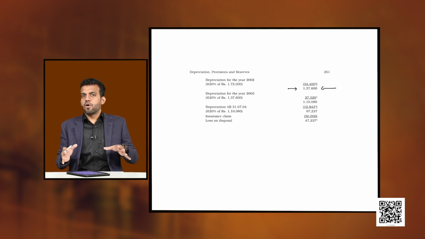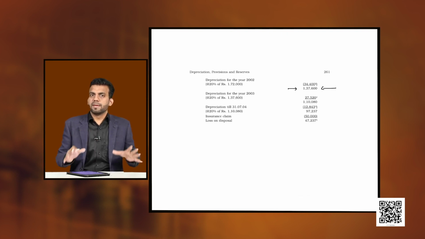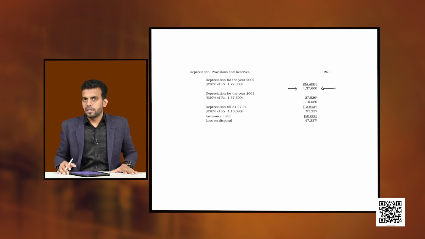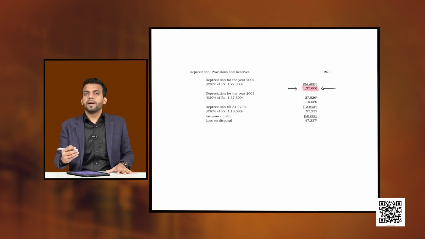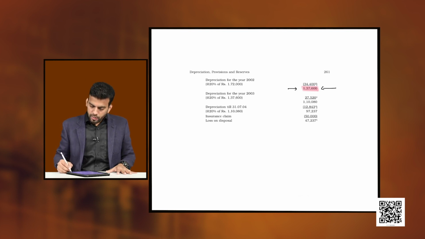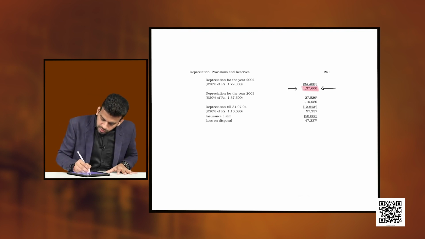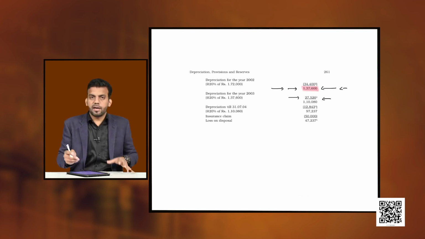This is the value of machine after 2 years of depreciation, and the method's name is written down value method. So, this is the amount which is going to be depreciated. 20% of this 137,600 makes it 27,520.